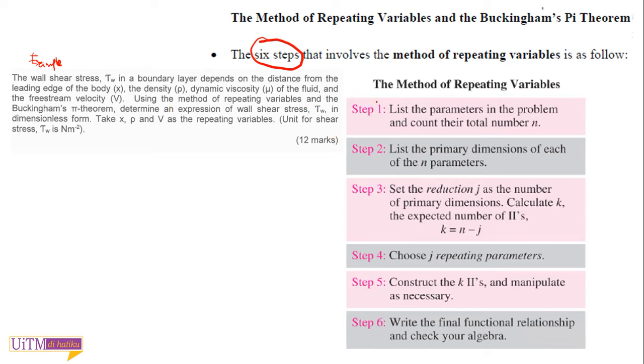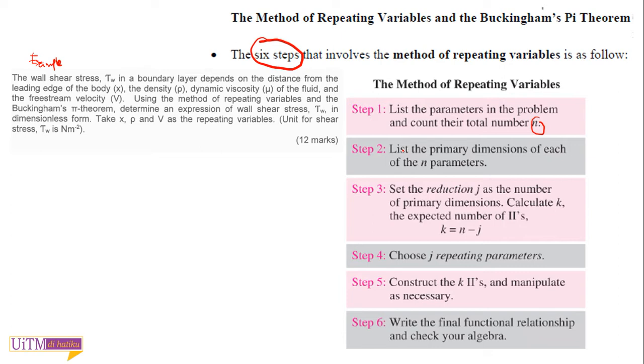Alright, the first step is to list the parameters in the problem and count their total number, which we denote as n. n will be our number of parameters inside the problem.